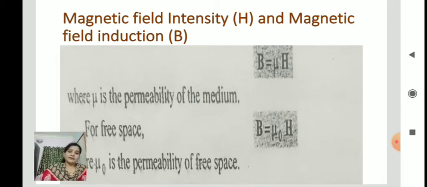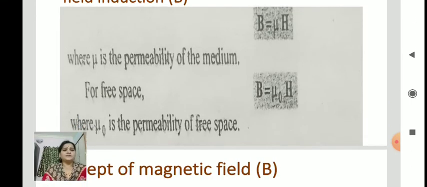B, the magnetic field induction, is the region around the magnet, whereas the magnetic field intensity is due to moving charges, the electric currents. The magnetic field induction is the intrinsic property of the magnet which produces the field around it, whereas H is due to the electric currents.